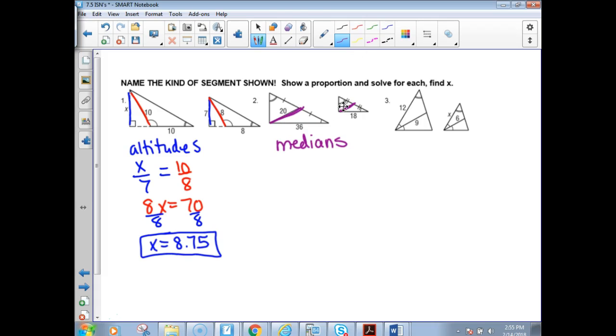The medians, 20 and x, we can write in a proportion. 20 is to x as, well, I started with the 20, which is on that first figure, so I'll have to write the 36 first, is to 18. You can do your cross products again. That'd be 36 times x equals 20 times 18, which is 360. We'll divide by 36 on both sides and get x is 10.